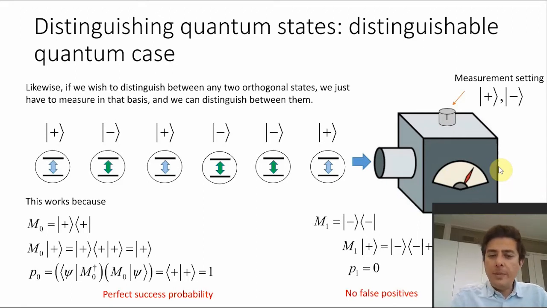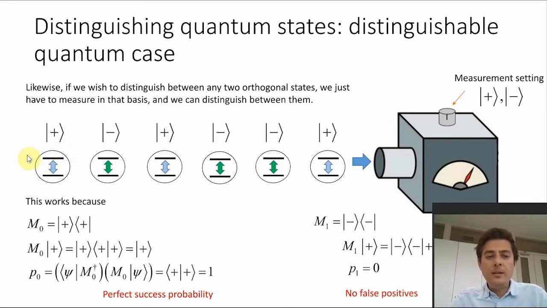But with something like an atom, you can be in a superposition, or at least that's what quantum mechanics tells us. So we could send a series of atoms into a detector instead of the checkers, and these atoms could be in two different types of states.